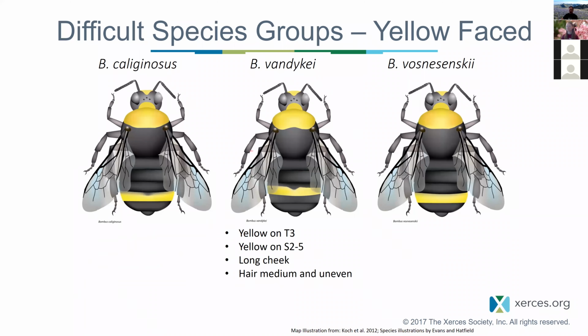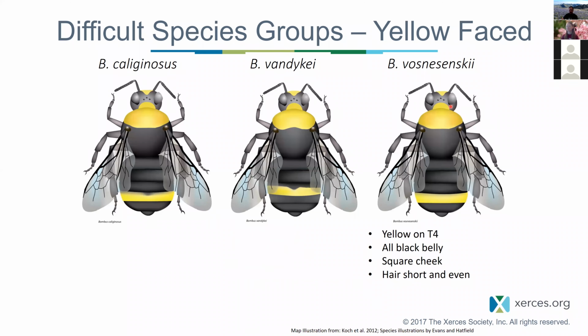Bombus vandykei is slightly different than caliginosus in that it has its yellow stripe on T3 rather than on T4. So the stripe is up a little bit higher on the body. This also tends to have a little bit longer hair than Bombus caliginosus, but it also has yellow on the underside of its abdomen. Bombus vosnesenskii is more or less a copy of Bombus caliginosus.